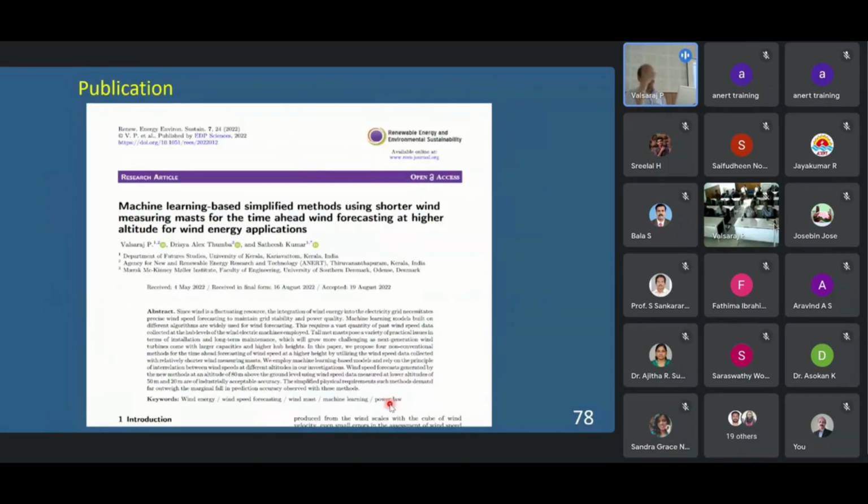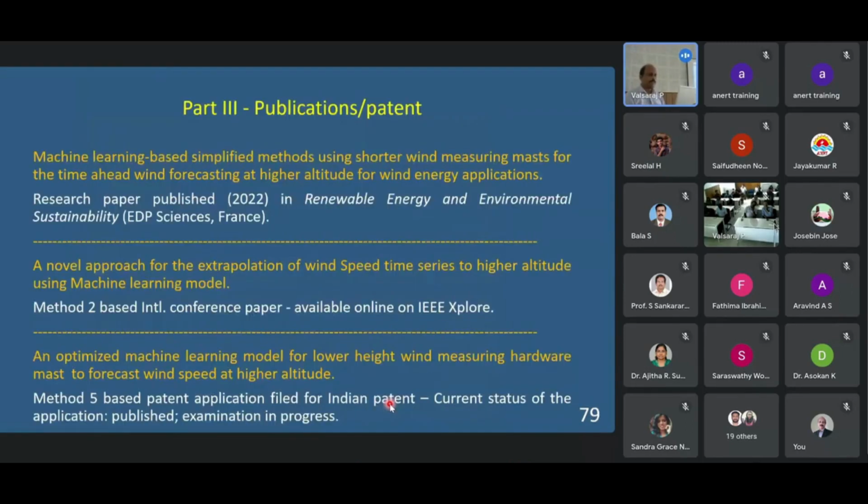And these findings I have published as a research article in the International Journal Renewable Energy and Environmental Sustainability, a journal from EDP Sciences, France. Here I have shown the publication. I have an IEEE Xplore paper in an international conference. And method 5, we have applied for a patent, the granting of which is awaited.